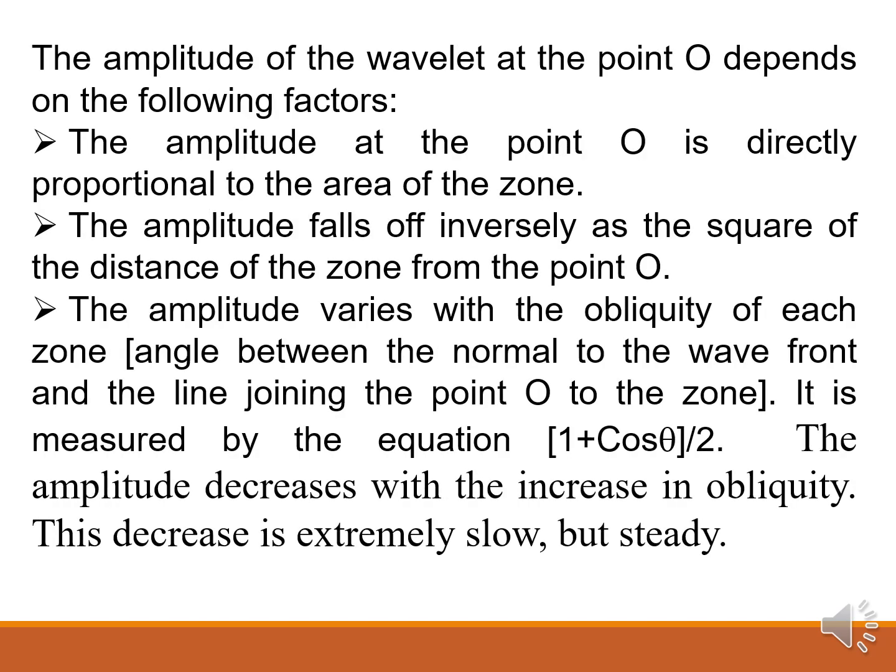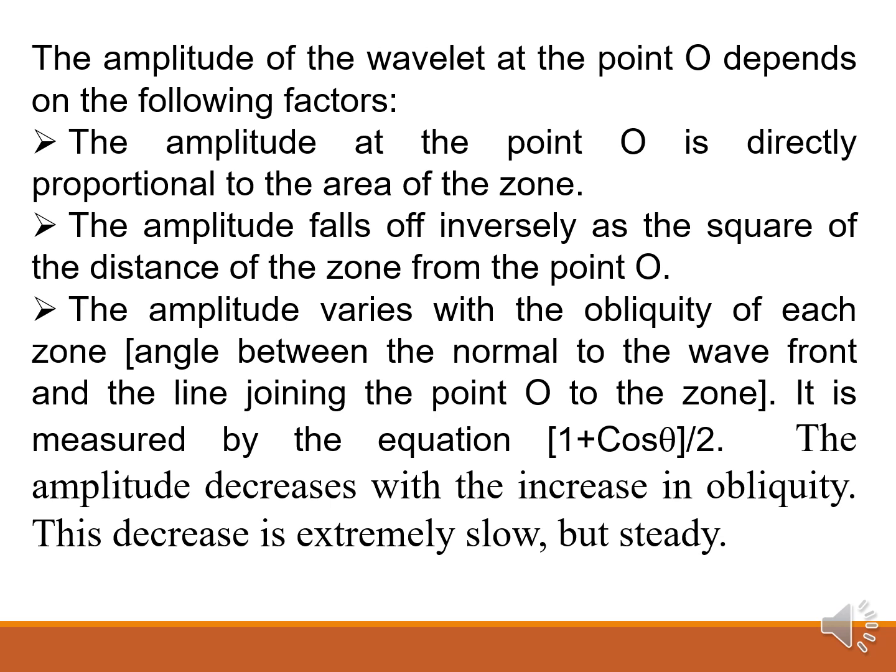The amplitude of the wavelet at the point O depends on the following factors. The amplitude at the point O is directly proportional to the area of the zone: small a is directly proportional to capital A of the zone.